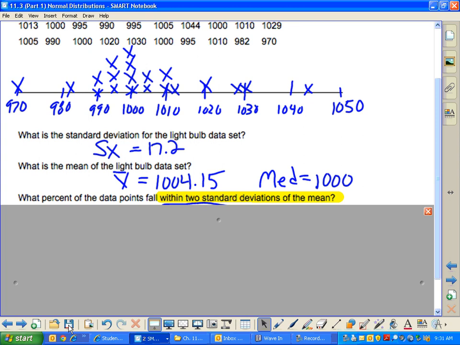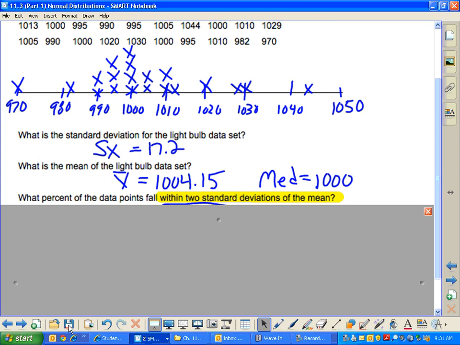Can anybody remember from the beginning of the lesson what percent is associated with 2 standard deviations? Ryan, 95%. We want to see if 95% of our light bulbs falls within 2 standard deviations of the mean. If it does, this data is normally distributed.